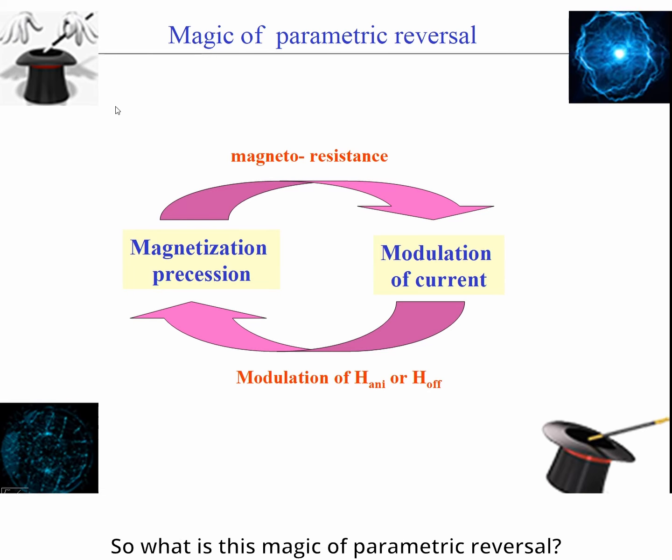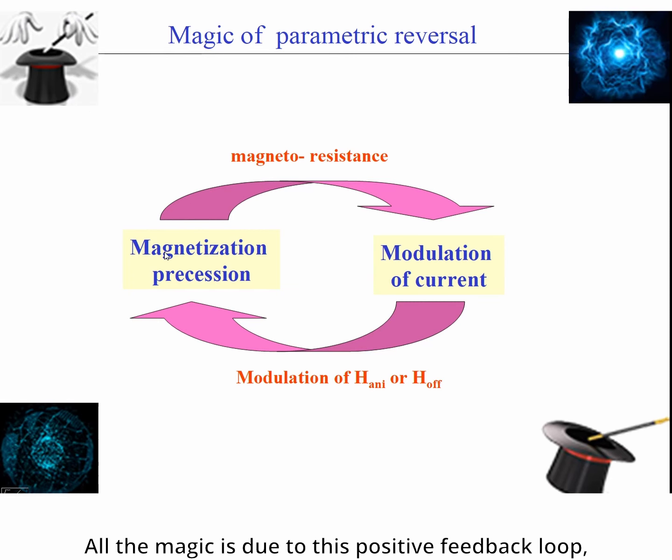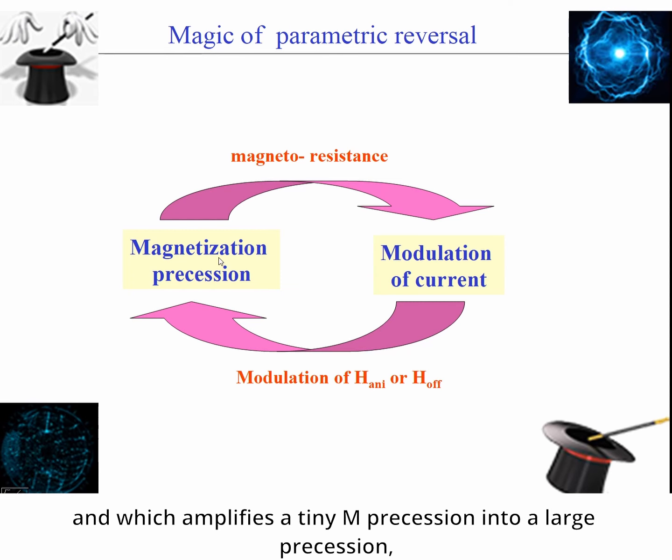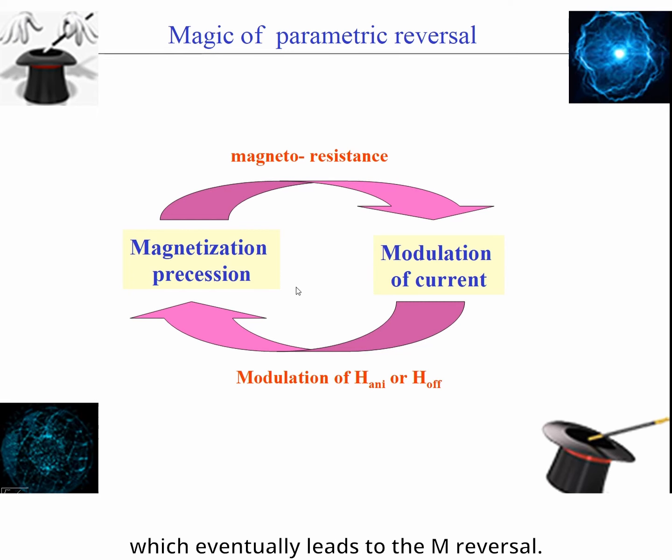So what is the magic of parametric reversal? All the magic is due to this positive feedback loop, which is the main driving mechanism for the parametric magnetization reversal, and which amplifies a tiny magnetization precession into a large precession, which eventually leads to the magnetization reversal.